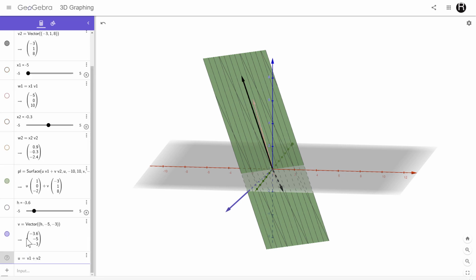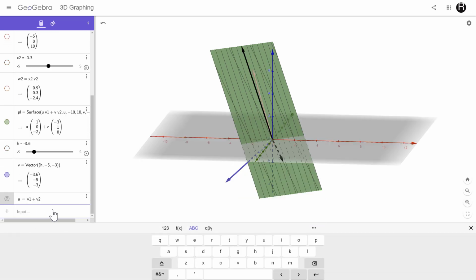And so now let's multiply negative 18.5 times v1, and then over here we're going to get negative 5 times v2.